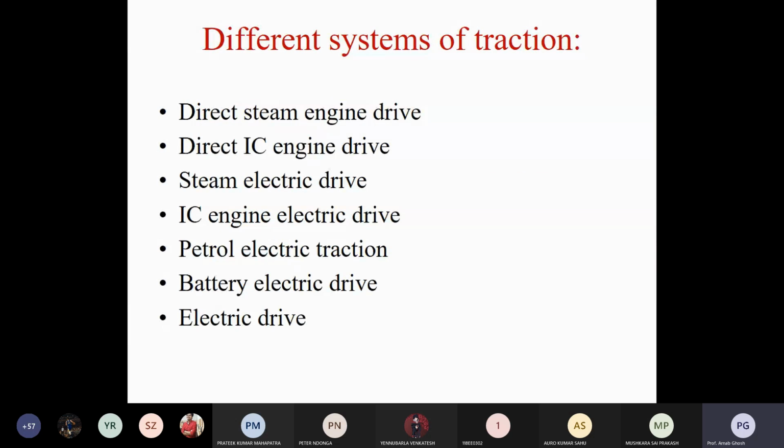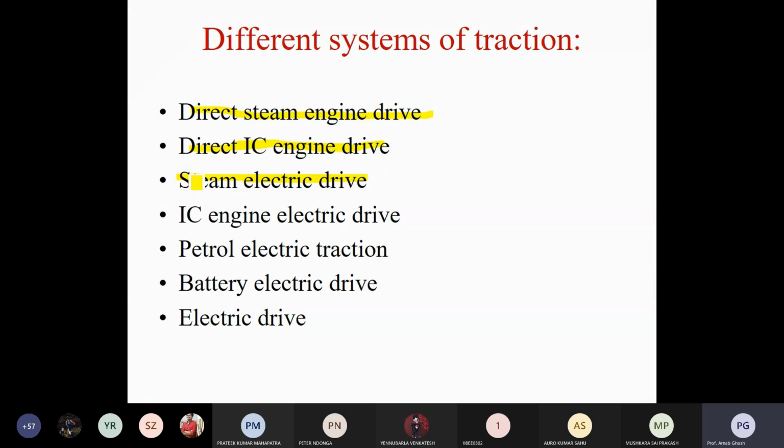What are the most conventional systems from the very initial days until now? The very initial concept is the direct steam engine drive, then the direct IC engine drive. In a steam engine, the main thrust comes from the steam. In a direct IC engine, you use fossil fuels. Then there is the steam electric drive, where steam is used to generate electricity, like a thermal power plant, and that electricity is used for the traction motor.